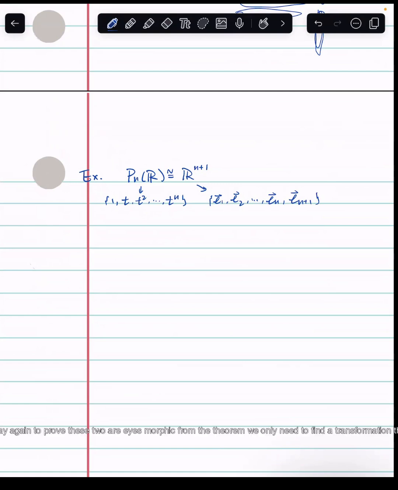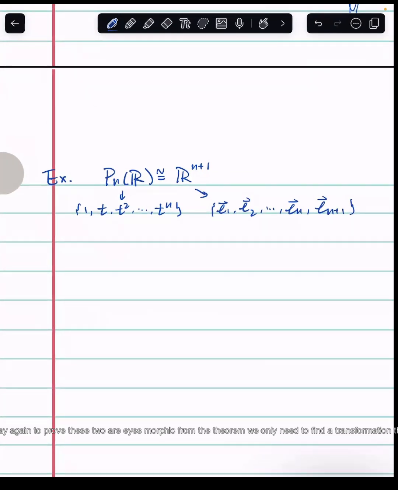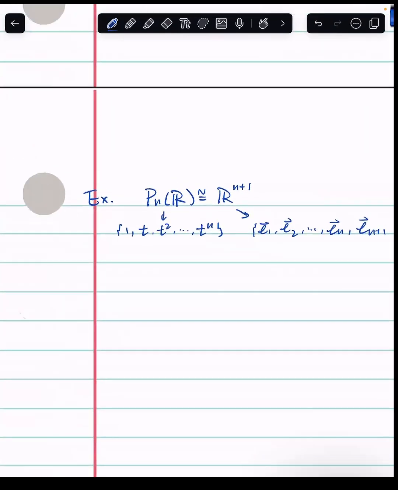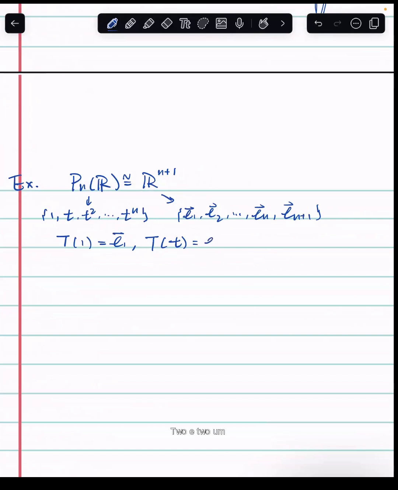Okay, again, to prove these two are isomorphic from the theorem, we only need to find a transformation such that T of 1 is mapped to E1, and T of t maps to E2, all the way to T of t to the nth power maps to E(n+1).